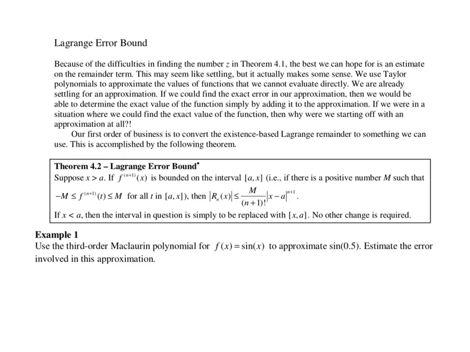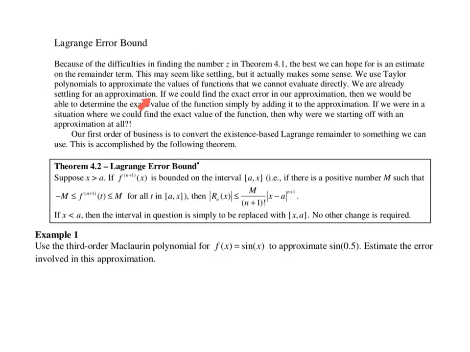Because of the difficulties in finding that number z, we're just really not going to be able to find that in most situations. The best that we can hope for is an estimate of the remainder. This may seem like settling, but it actually makes a little bit of sense. You use Taylor polynomials to approximate the values of functions that we cannot evaluate directly.